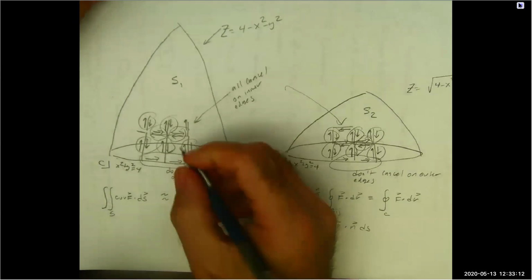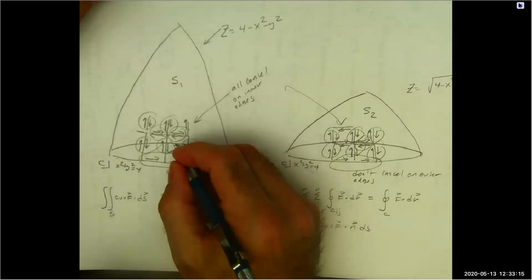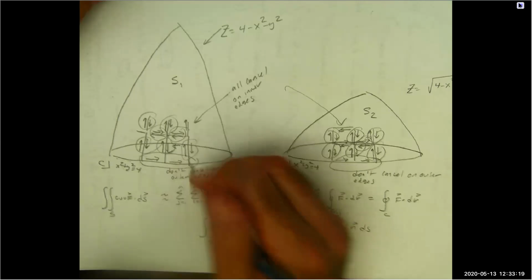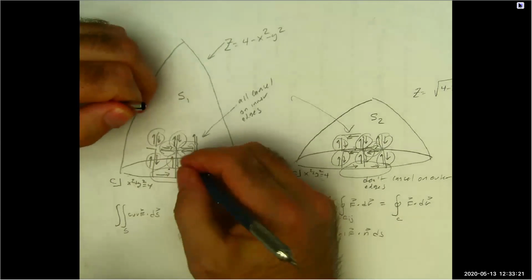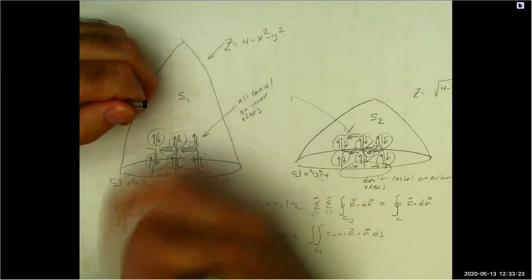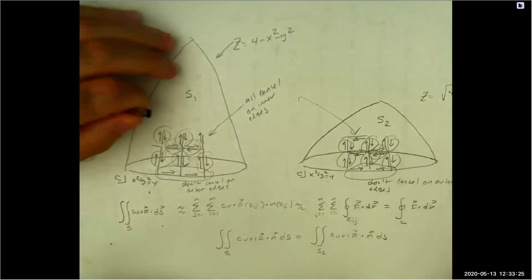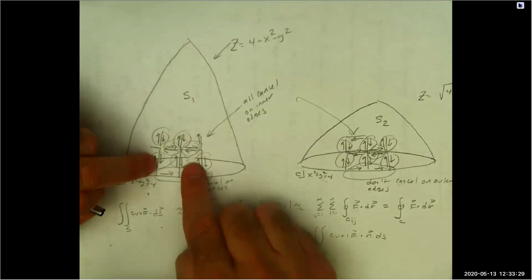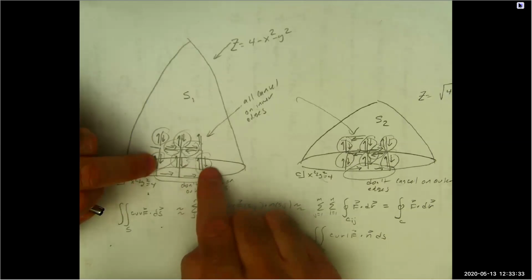So we have these big patches here. So look what happens on these inner edges. When we break this up, the line integral over this one will cancel with this line integral on this one going down, because they have opposite orientation.